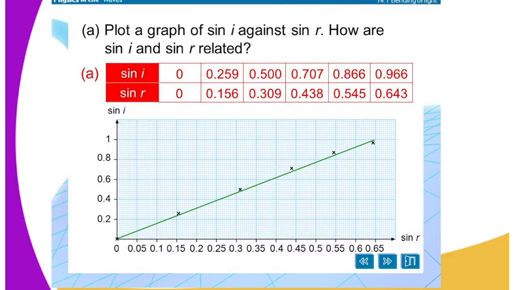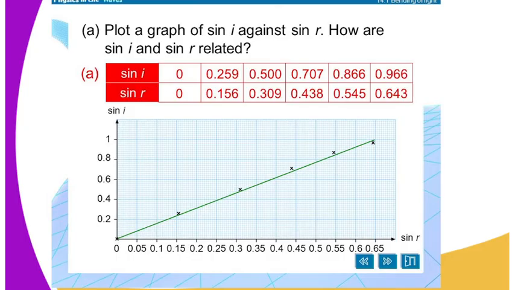And that is a graph. As you can see from the graph, we have plotted a graph of sine of the angle of incidence against sine of the angle of refraction. And what happens when you find the gradient of that graph?